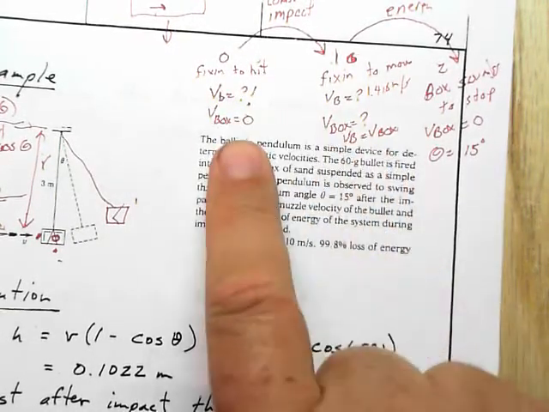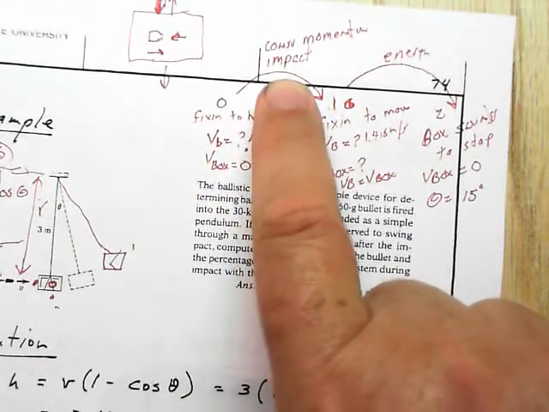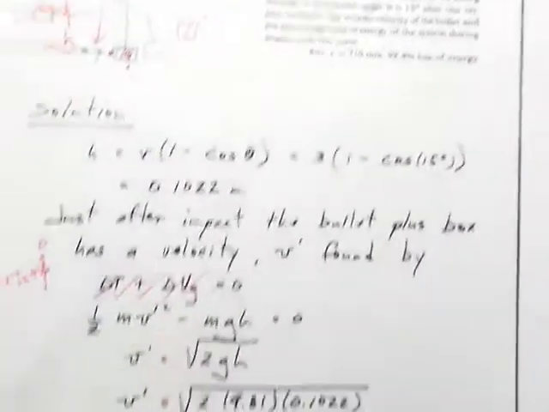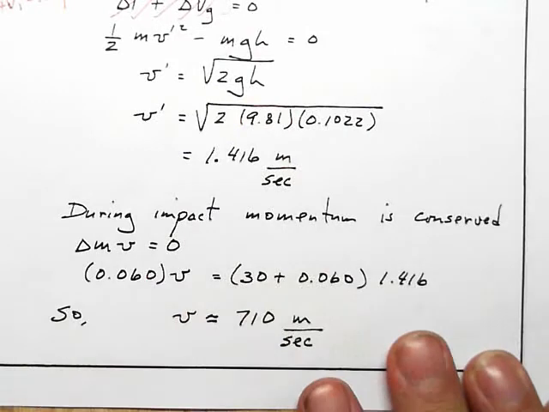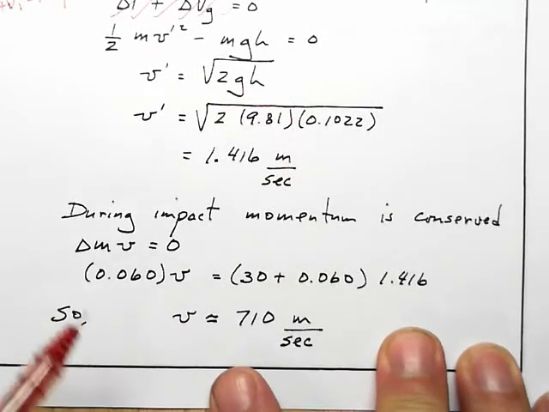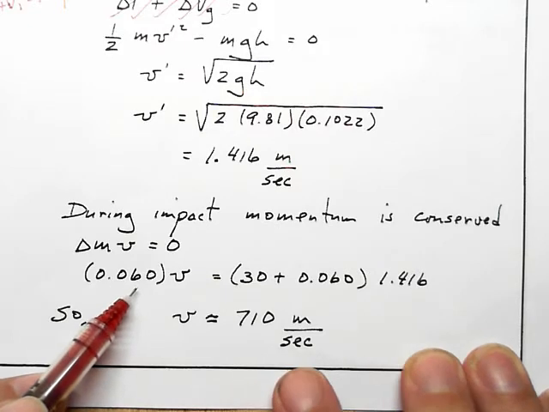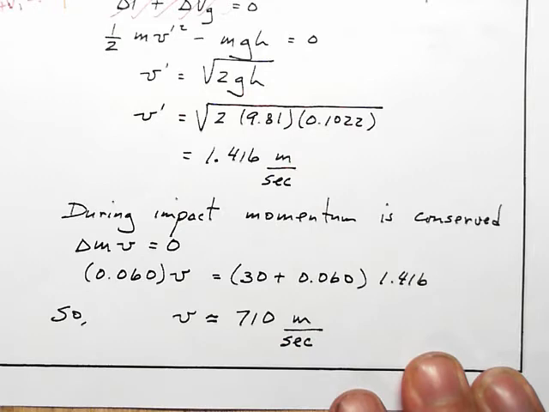Now let's work backwards from here to there using impact, which for this problem is conservation of momentum. During the impact, momentum is conserved. So our starting momentum, everything moving before impact, equals the final momentum, everything moving after impact.